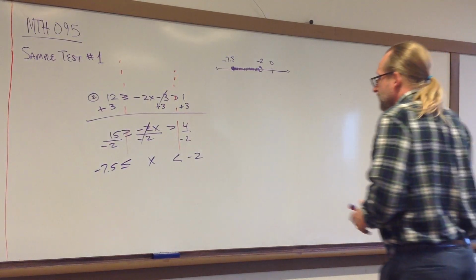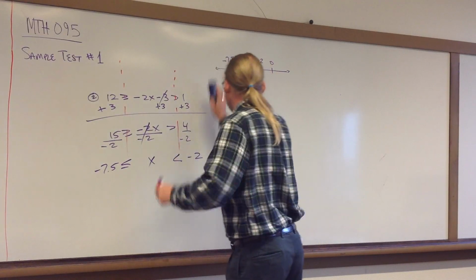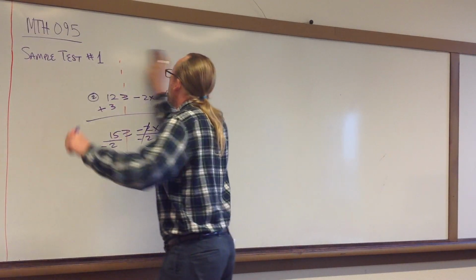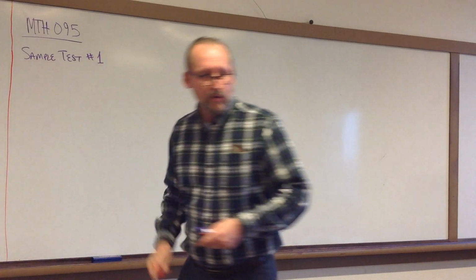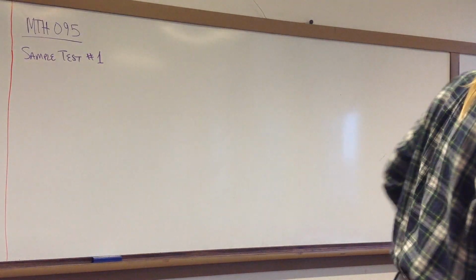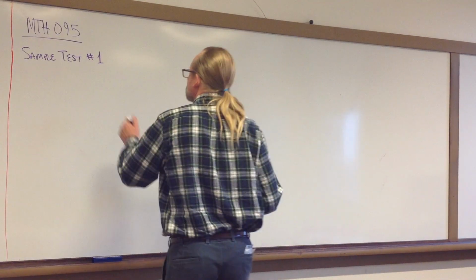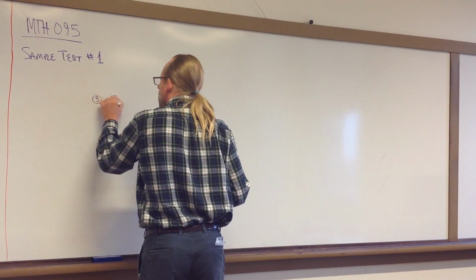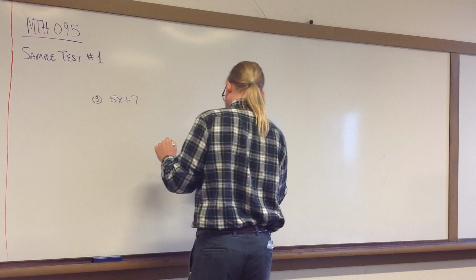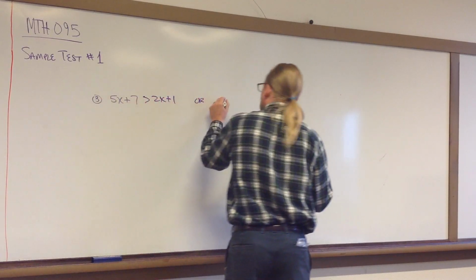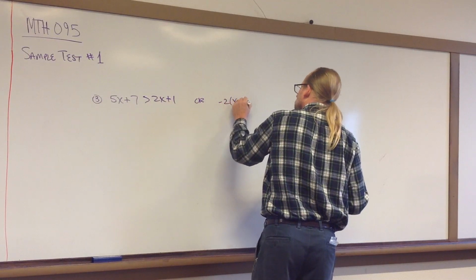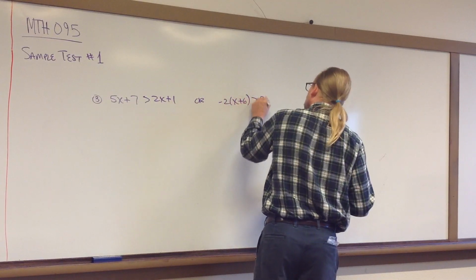And then problem 3, we have an or statement. Let's see here. x plus 7 greater than 2x plus 1, or negative 2 times (x plus 6) greater than 8.